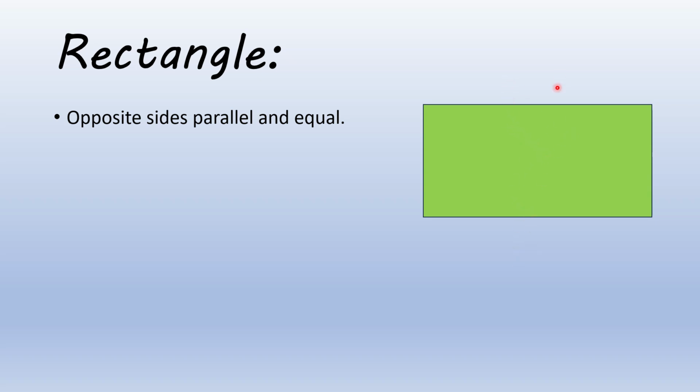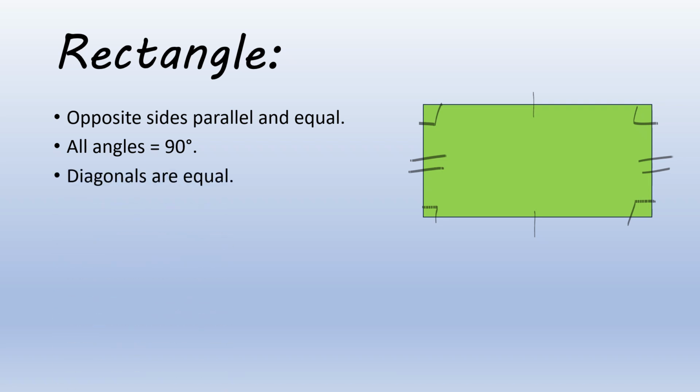So this side is equal to its opposite, and these two sides will be equal. Okay, this and this will be equal, this and this will be equal. Okay, they will be of same length. All the angles are 90 degrees, as you can see, this is 90, this will be 90, this will be 90, this will be 90. So all the four angles will be of 90 degrees.